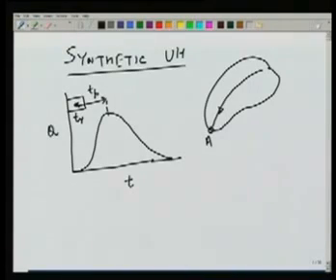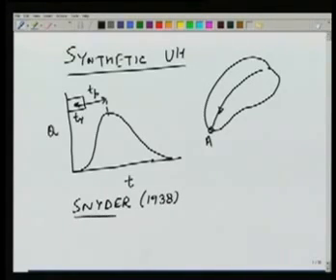Based on a lot of data about existing gauged catchments in the eastern United States, Snyder in 1938 came up with some relationships which relate the lag Tp, which is the time from the centroid of the rainfall to the peak, with catchment properties.